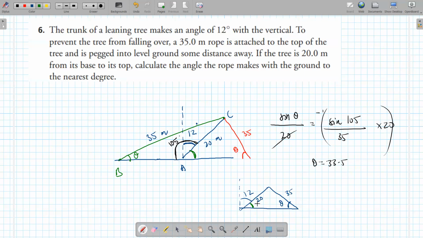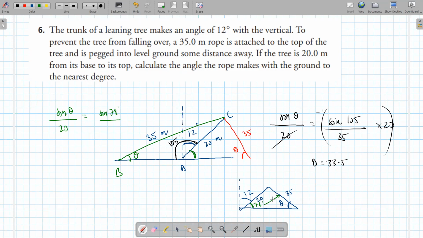78. Now let's plug these numbers in and see what changes. So it's going to be sine of theta, okay? The opposite side to theta is still 20. And that is going to be equal to sine of 78 divided by what? 78 is here.